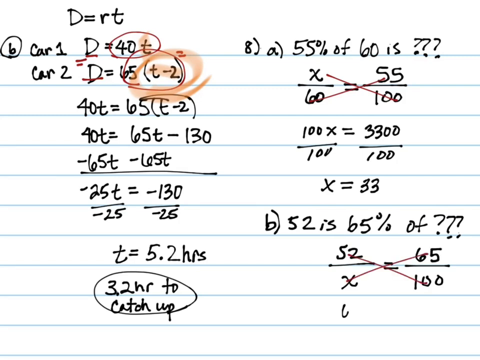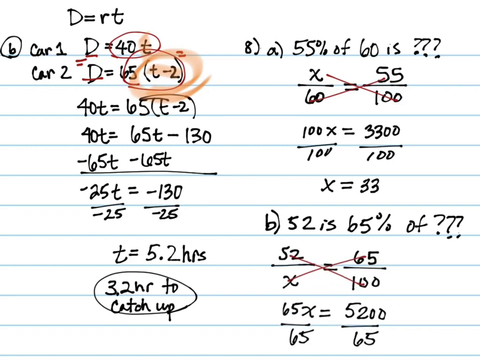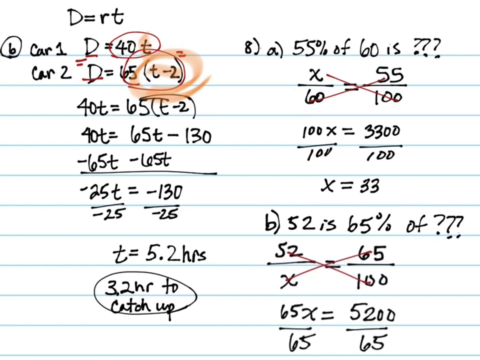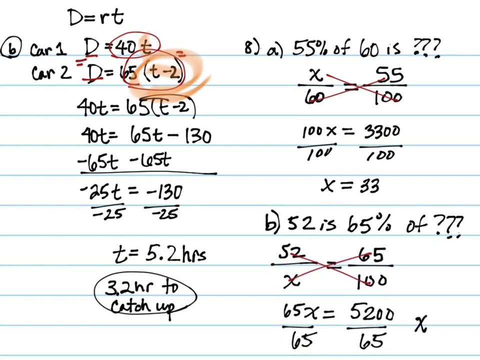So if I cross multiply, I have 65x equals 5,200. And if I divide by 65, what is x? x is 80, yeah.